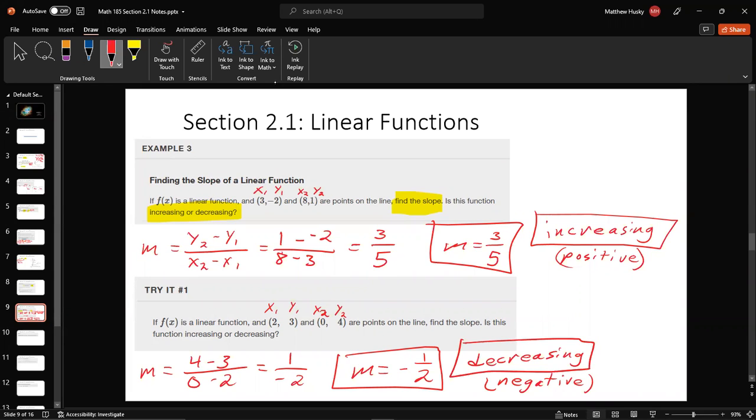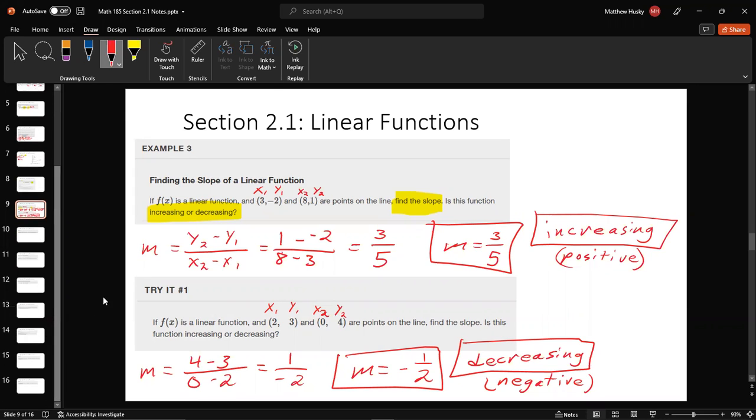Hopefully that kind of stuff is just a rehash for everybody here. Let's see what else we have.